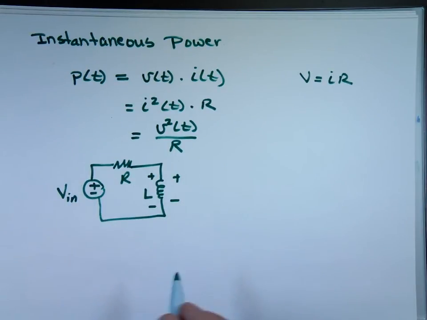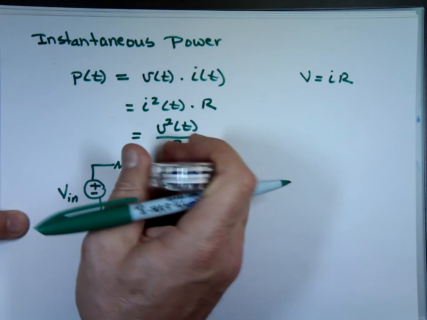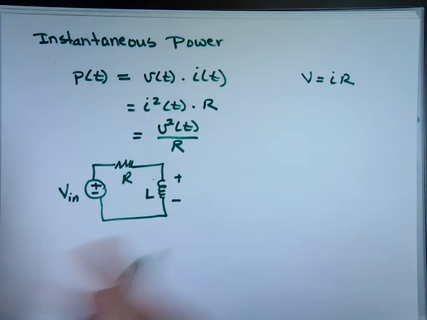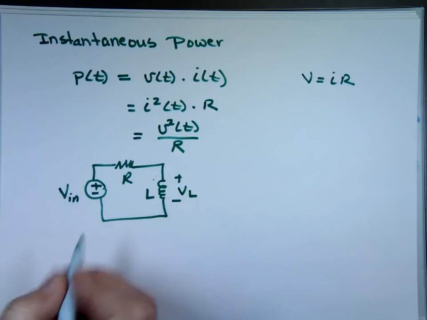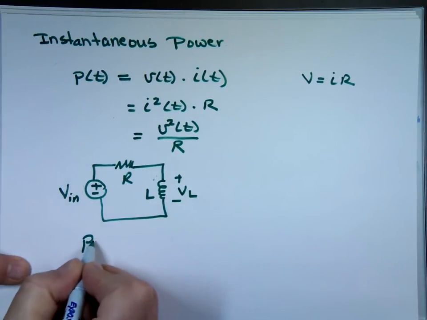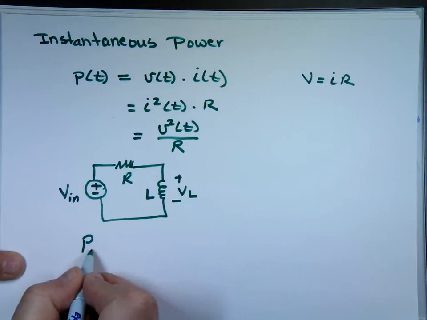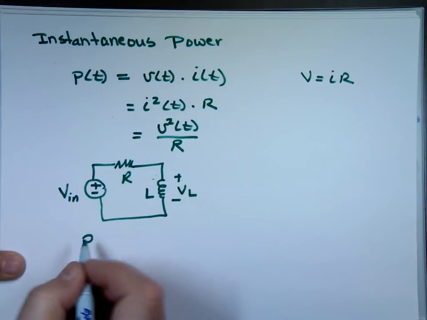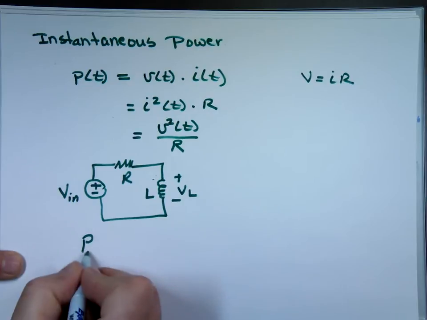I labeled twice, plus minus, I already did that. Let's still call this VL. And the question, what is the instantaneous power delivered, supplied by the load, by the inductor?